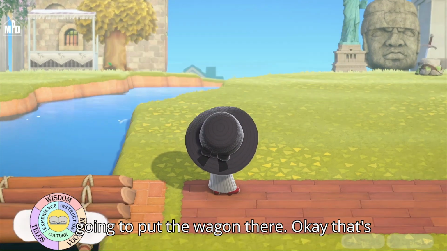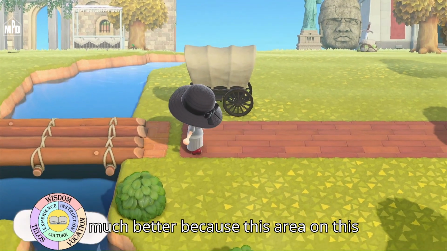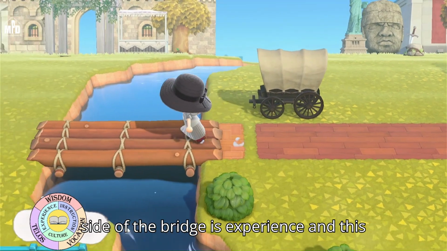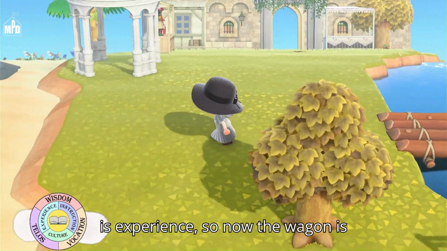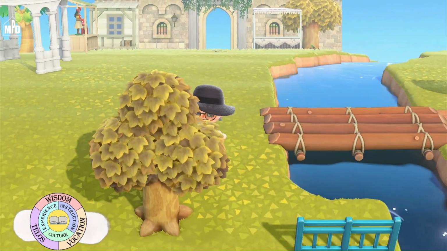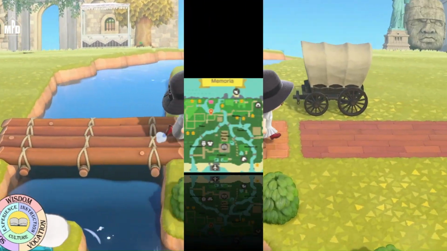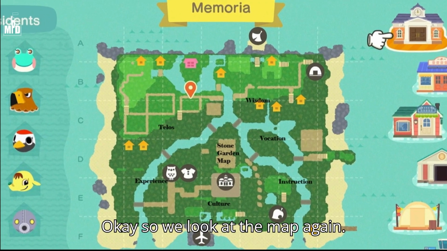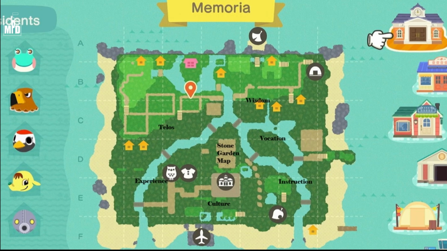And we're going to put the wagon there. Okay, that's much better because this area on this side of the bridge is experience. So now the wagon is really in a better spot than it was. All right. Okay, so we look at the map again. And so now I have put the wagon here.